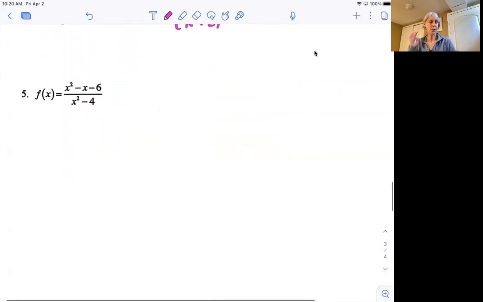Now let's look at example 5. Look at what's going on there. Hopefully by now you can recognize that, oh, wait, I can factor both the top and the bottom. Always look at what you're starting with. Think before you start.